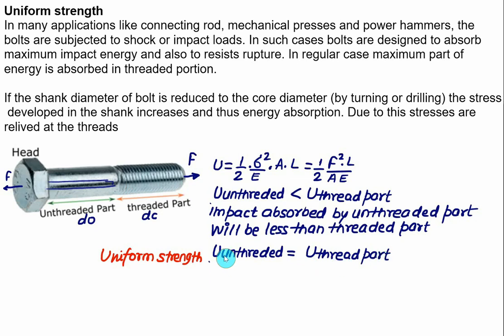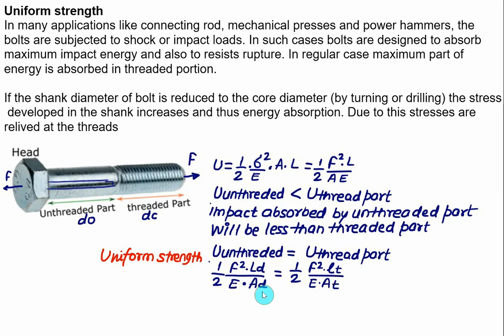The strain energy for the unthreaded part can be written as 1 by 2 F square multiplied by length of the unthreaded part, divided by Young modulus E and divided by area of the unthreaded part AD, which must equal 1 by 2 F square into length of the threaded portion, divided by Young modulus and divided by area of the threaded portion.